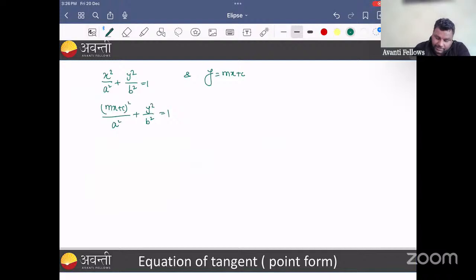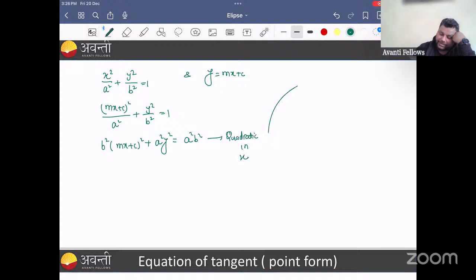Now the strategy is, from this I'm going to get a quadratic in x. If this quadratic has two distinct real roots, the line intersects at 2 points.